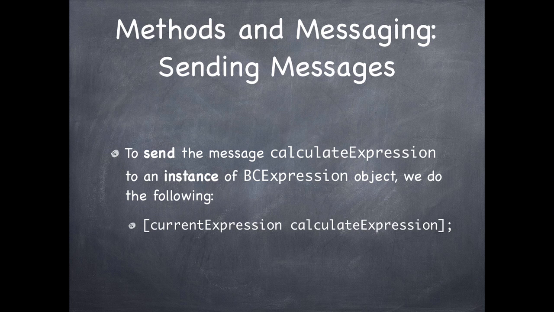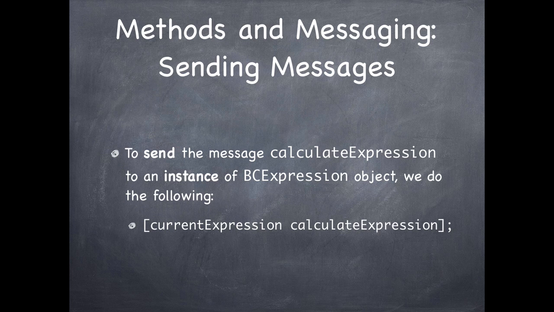I want you to do as an exercise how you can write the method signature for calculate expression. Here are the specifications: it returns an NSInteger type, and it takes no arguments. And it's an instance method.